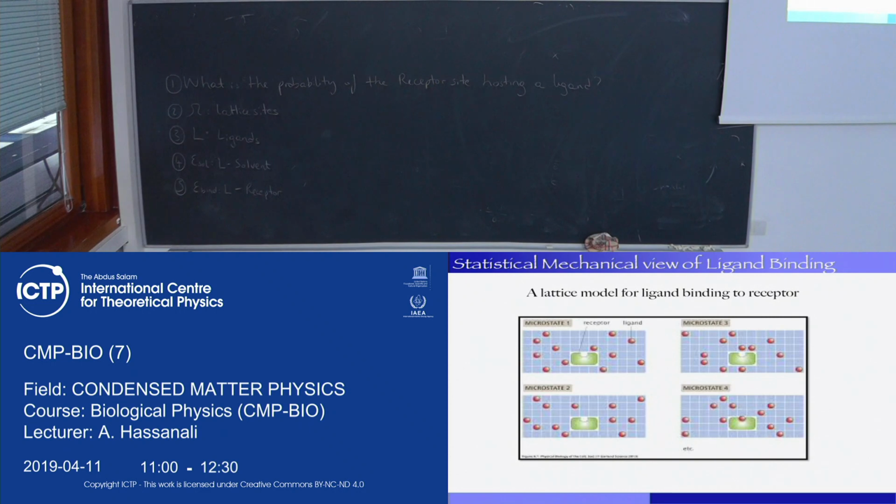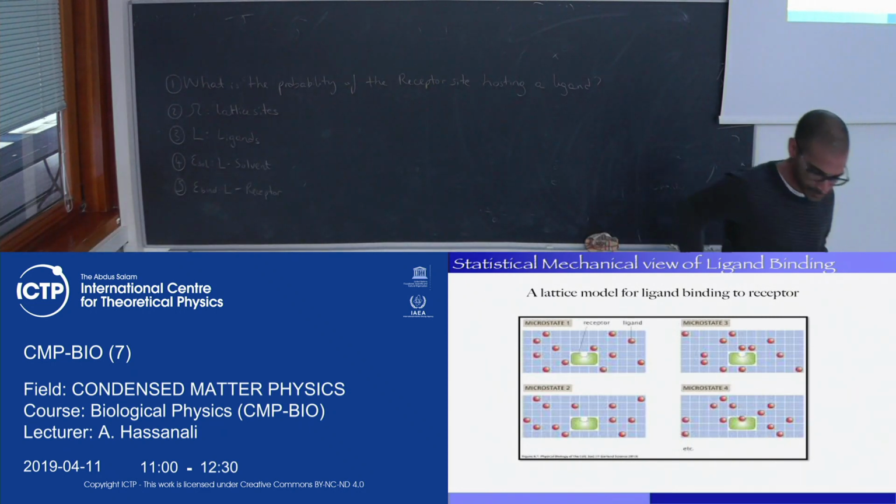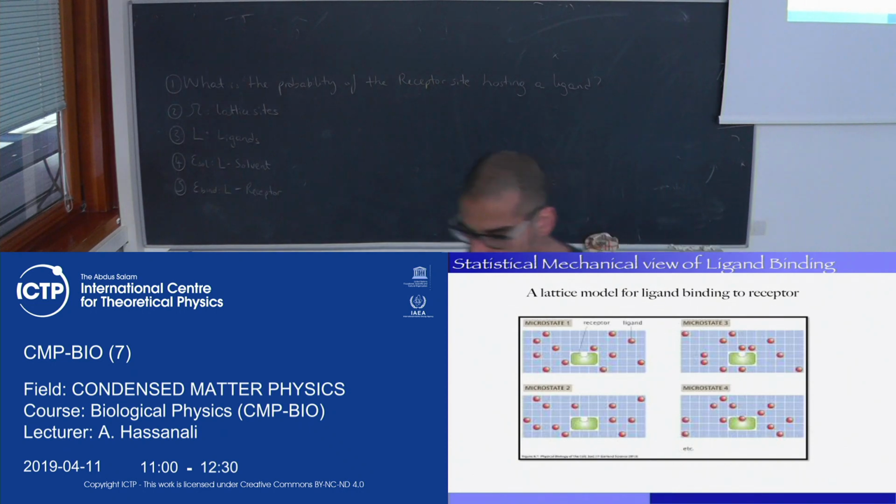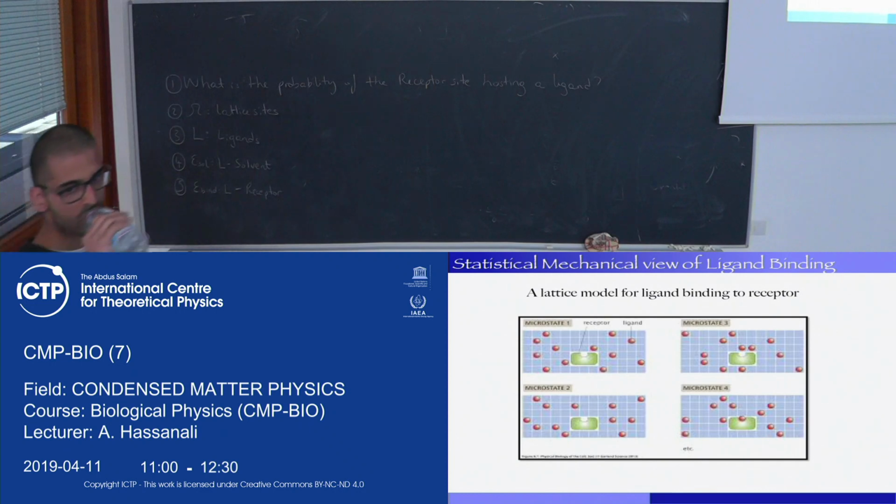So how do we do it? There can be only one ligand in the receptor site. Suppose for some time that we don't have the energies. Then it's a random choice.